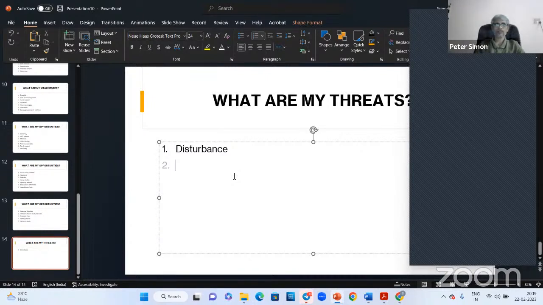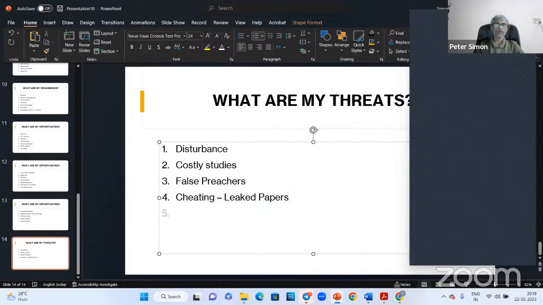So disturbance, then costly studies. Then false preachers. There are some people who are not teachers, but they are teaching. And there are some cheating people who say leaked papers. A lot of places you can see leaked papers. We provide upgrading scores.